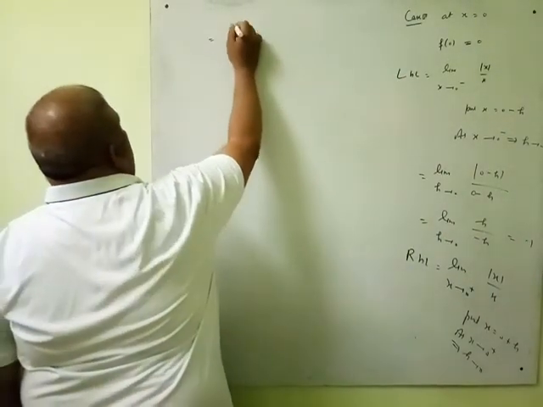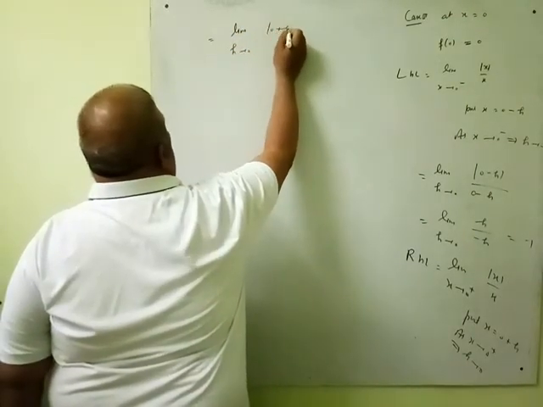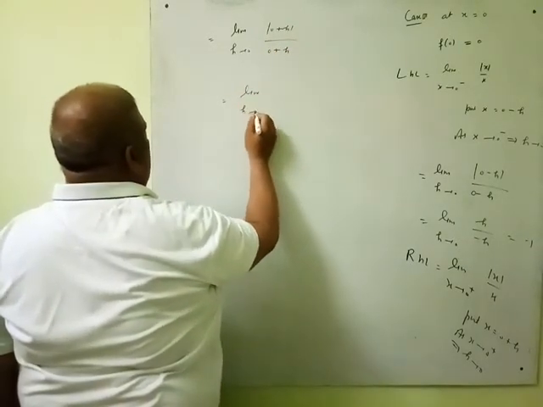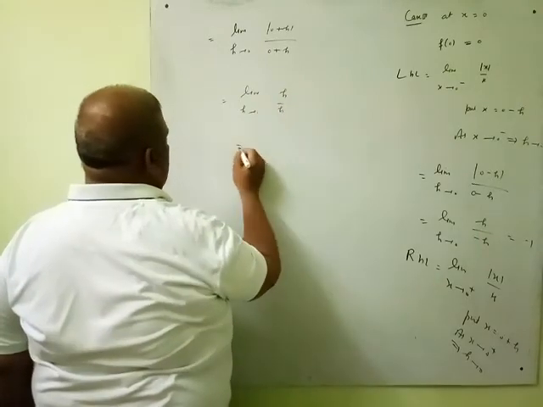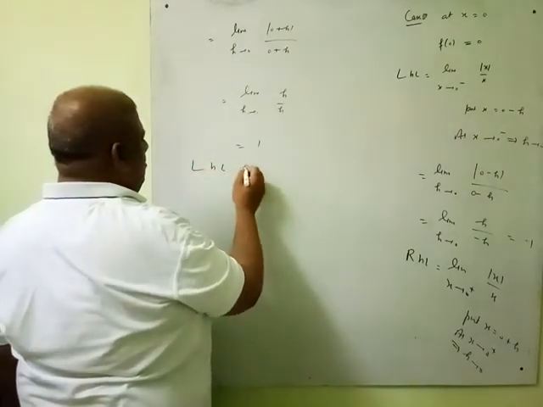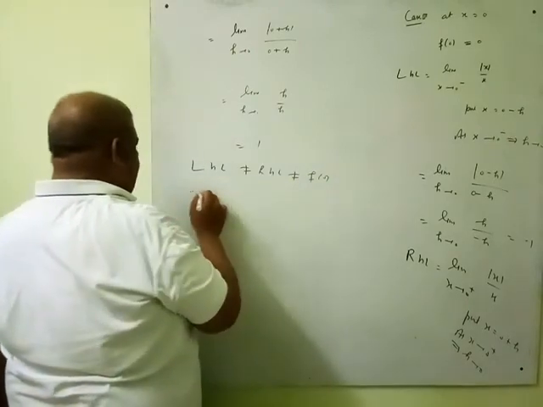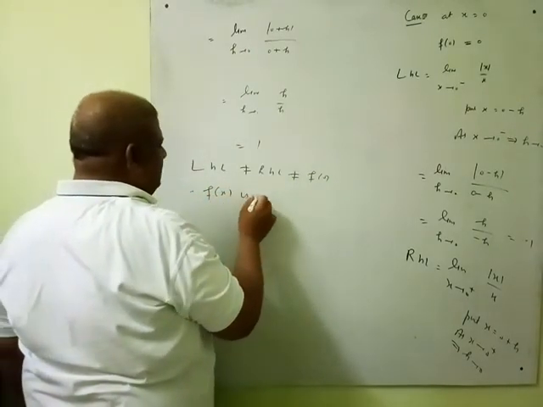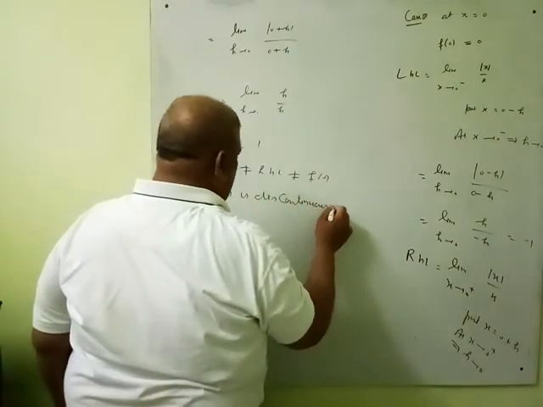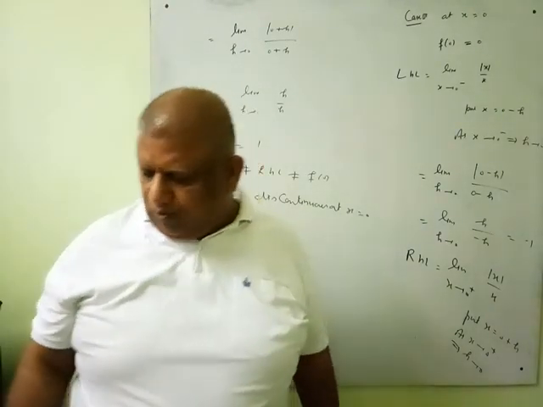This will be the limit as h tends to 0 of mod of (0 plus h) upon h, h upon h, it is 1. Left hand limit is not equal to right hand limit, and even not equal to f(0). Therefore, f(x) is discontinuous at x equal to 0.